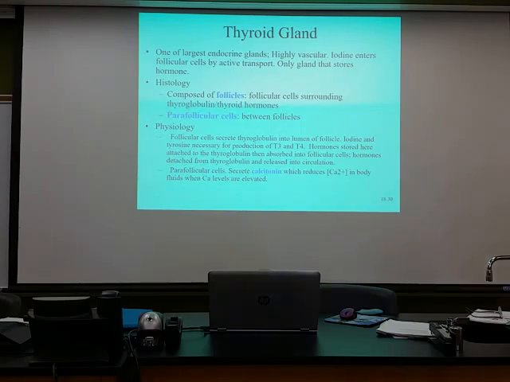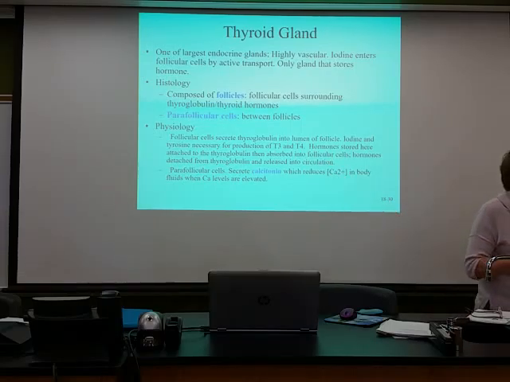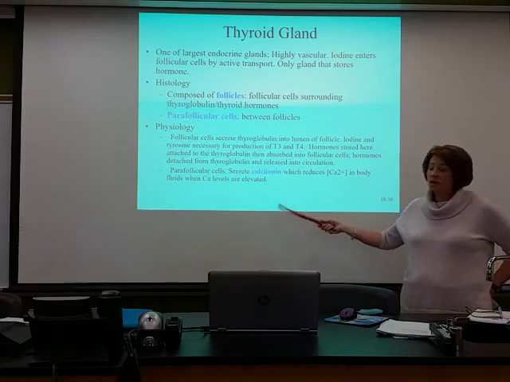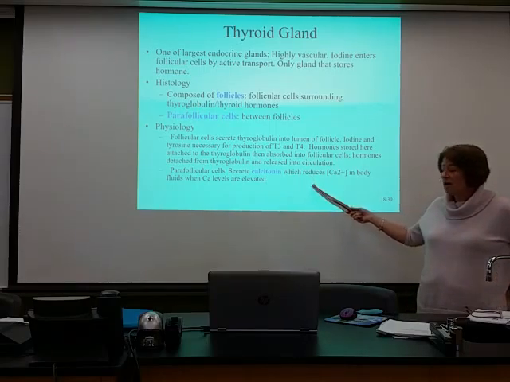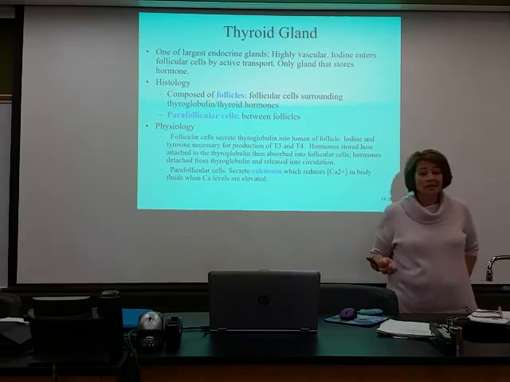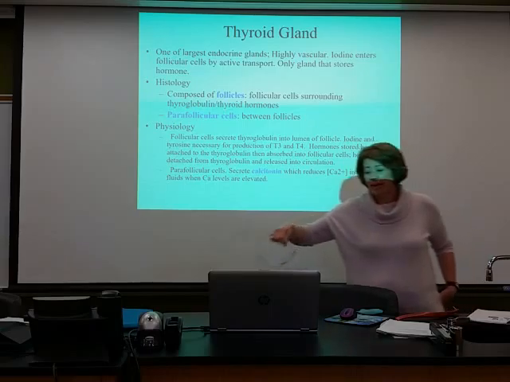If you remember, in the follicles is where we have the thyroid hormone. In the parafollicular cells, this is where we get calcitonin. And the overall job of calcitonin was to affect calcium levels in the body. So that was pretty much the point that we left off yesterday.